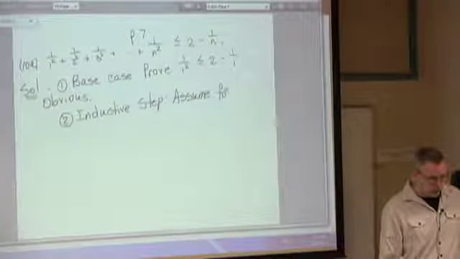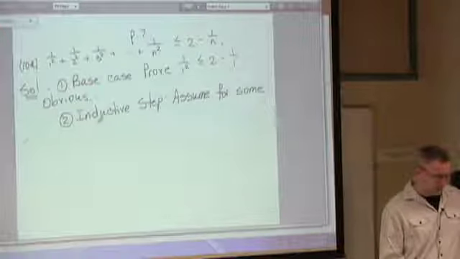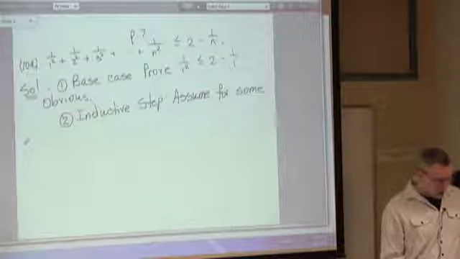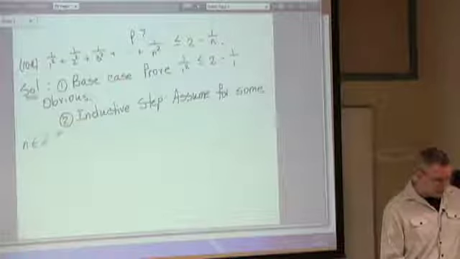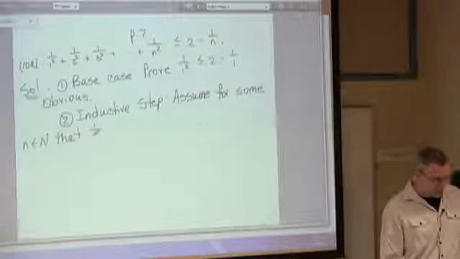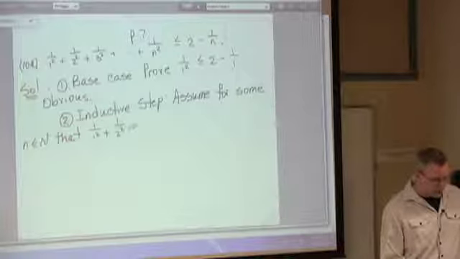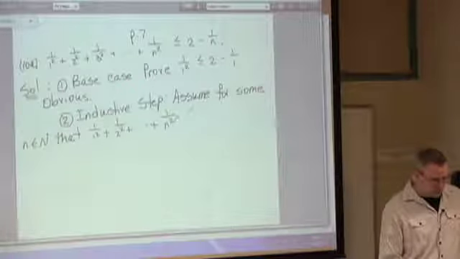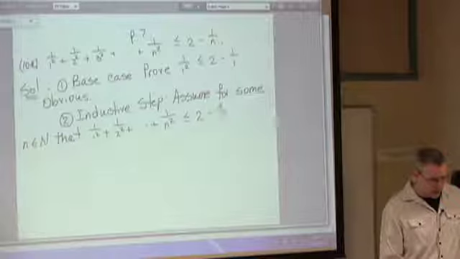Assume for some natural number n that 1 over 1 squared plus 1 over 2 squared on down to 1 over n squared is less than or equal to 2 minus 1 over n, right?